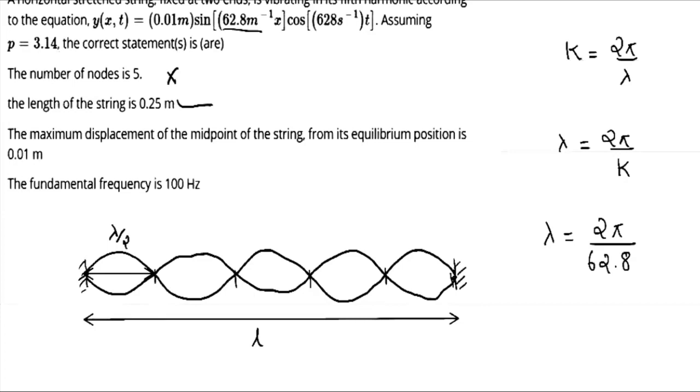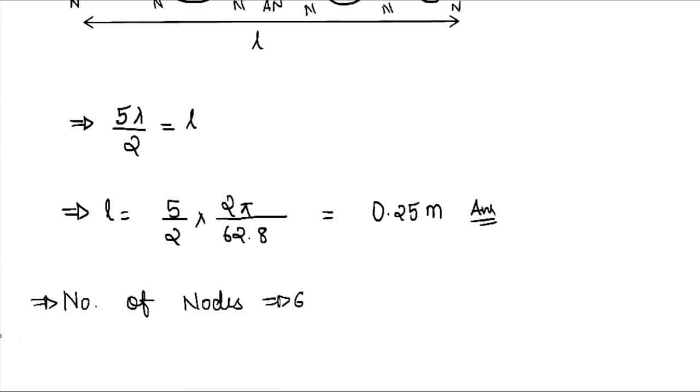Now if we check our third option, it says the maximum displacement of the midpoint of the string from its equilibrium position is 0.01 meters. So our midpoint of the string will be L by 2, which is this one. These are nodes, and in the midpoint of two nodes, it must be an antinode. At an antinode, the amplitude will be maximum.